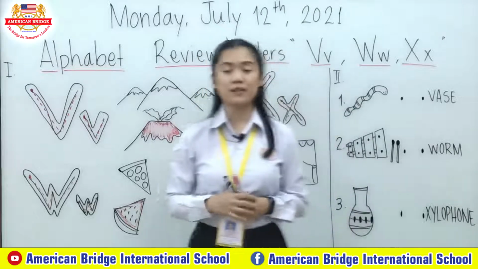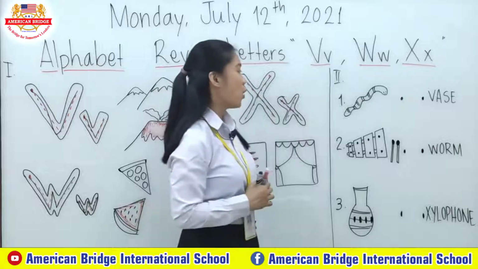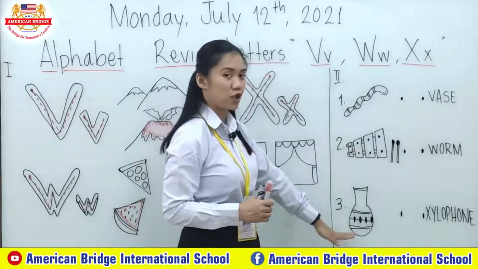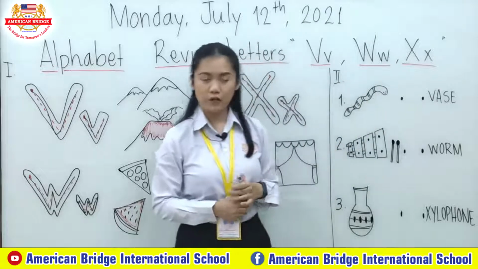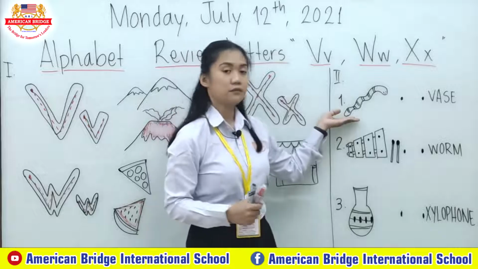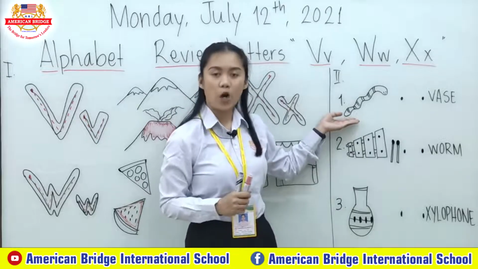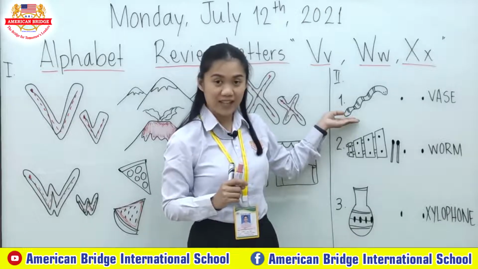Okay. Now, let's move on to the second part of this activity, which is we need to look at the pictures and find the correct word for each picture. Number 1 is worm. And worm starts with letter W, right?